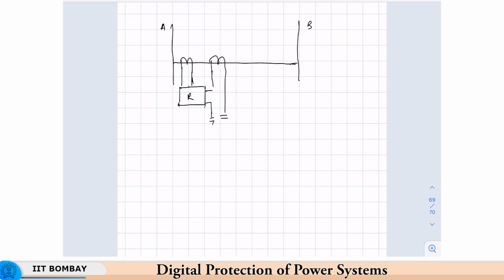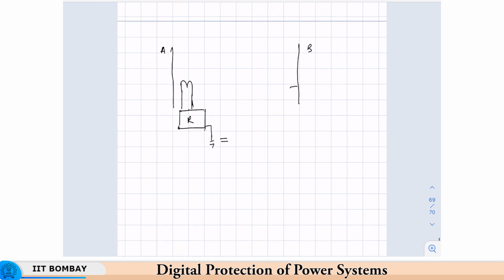So today we will look at distance relaying. If we were to look at the schematic of a distance relay on a transmission line between buses A and B, it would look something like this. Till now we have used overcurrent relays, which had only a single input, that is the CT input. Now we will take the input from a voltage transformer also.